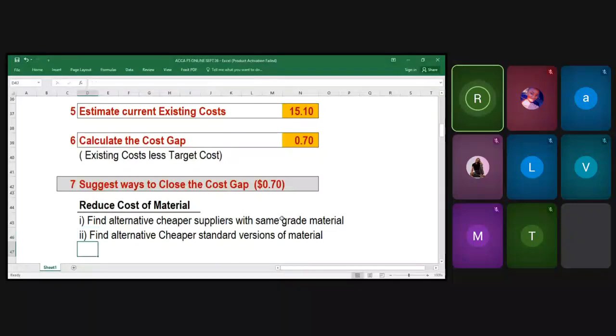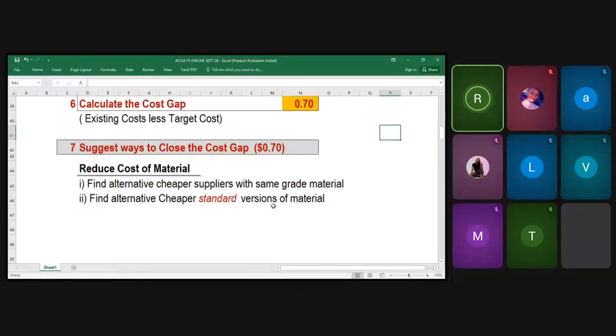All right. If not, can we substitute with another material that is of standard? So the word standard there is quite critical. So we don't have to buy poor quality material. The word standard, please take note of that. It is quite critical. All right. Can we find alternative versions of material which are cheaper and they are of standard?